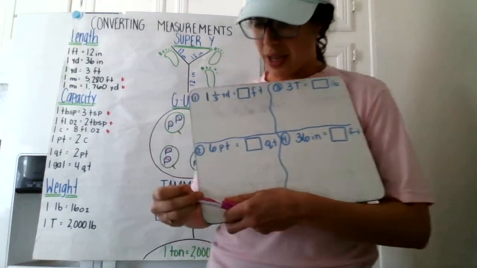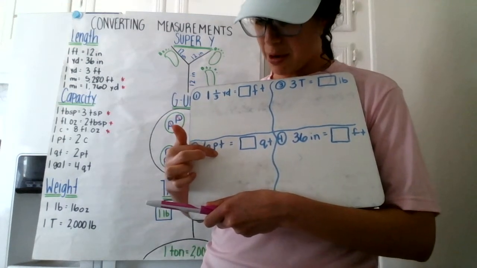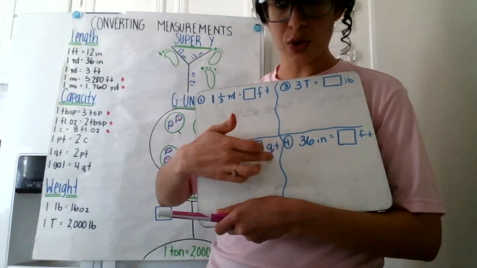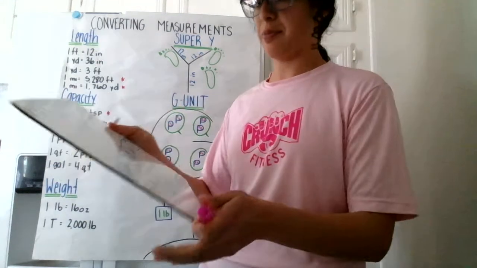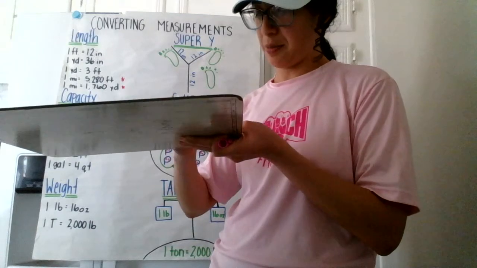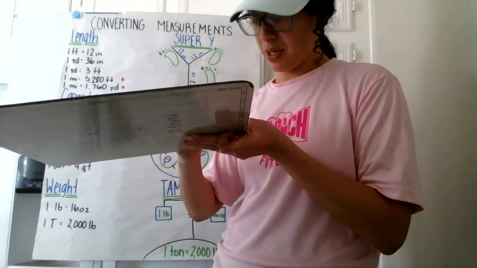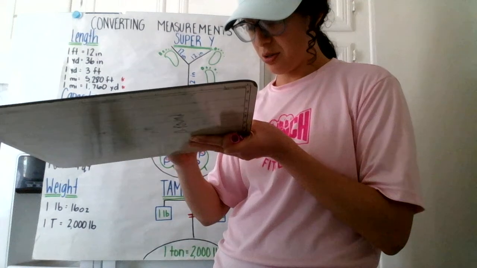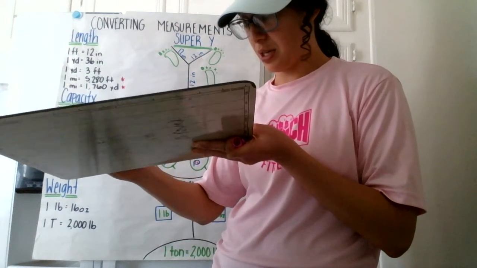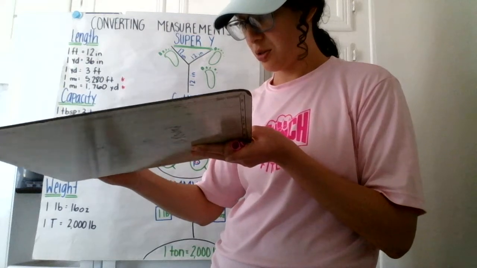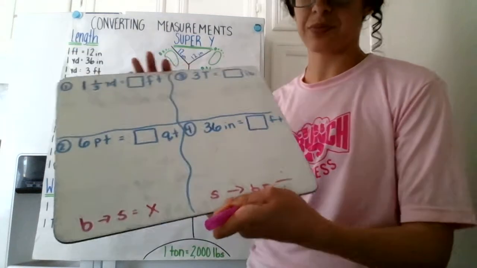Alright, so I have 6 pints, and I want to figure out how many quarts that's going to be. Okay, so let's remember our rule, and I'll write my rule down here at the bottom. From big to small, we multiply, and from small to big, we divide.